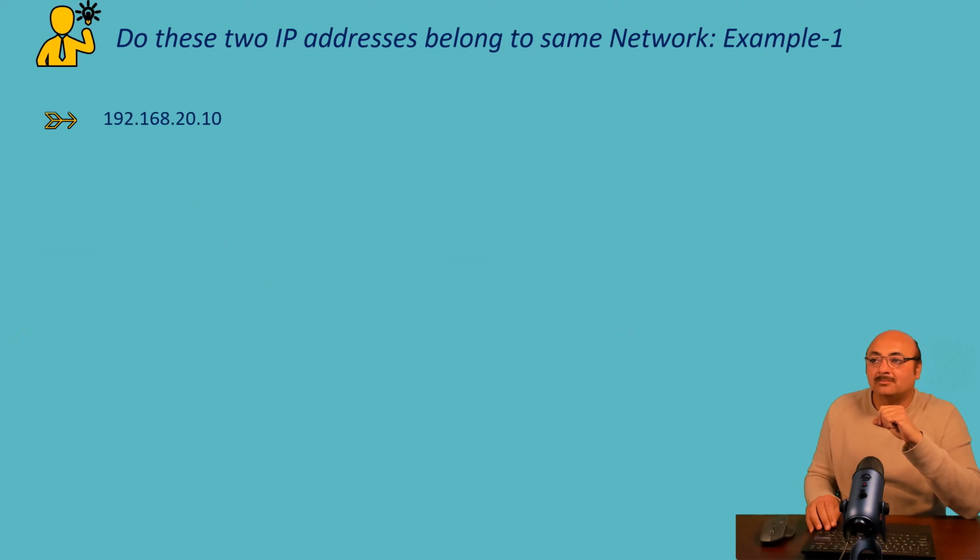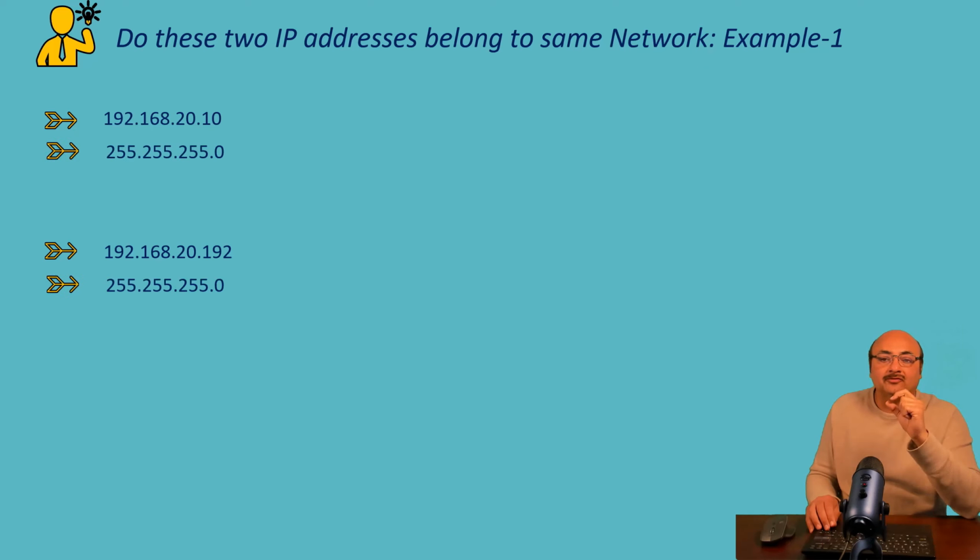So in the first example, I have taken two IP addresses: 192.168.20.10 and the second one is 192.168.20.192. Both of their first octets are 192. That means they both belong to class C and hence both of their default subnet masks will be 255.255.255.0.